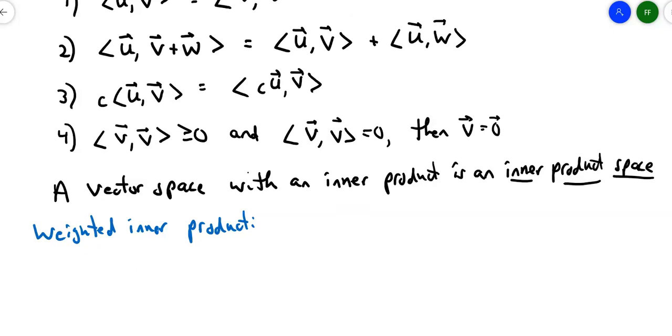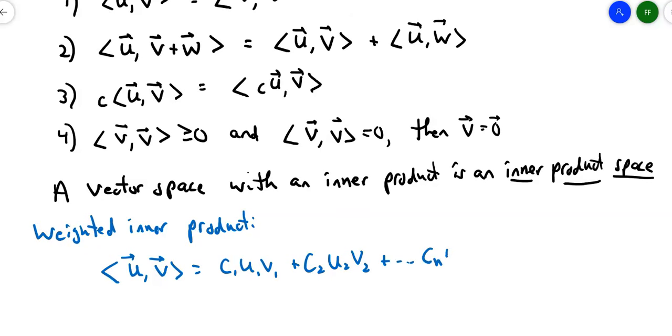So if you have something like this, where the inner product of two vectors u and v equals c1 u1 v1 plus c2 u2 v2, and so on, using the components of those vectors until I get to cn un vn, those c sub i's are called weights. So you might weight the test average a certain amount or the homework a certain amount, and those things would be called weights.